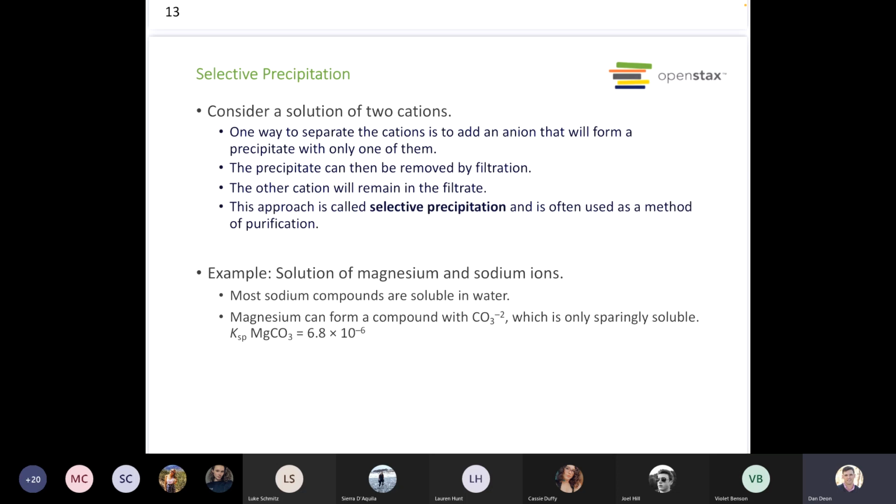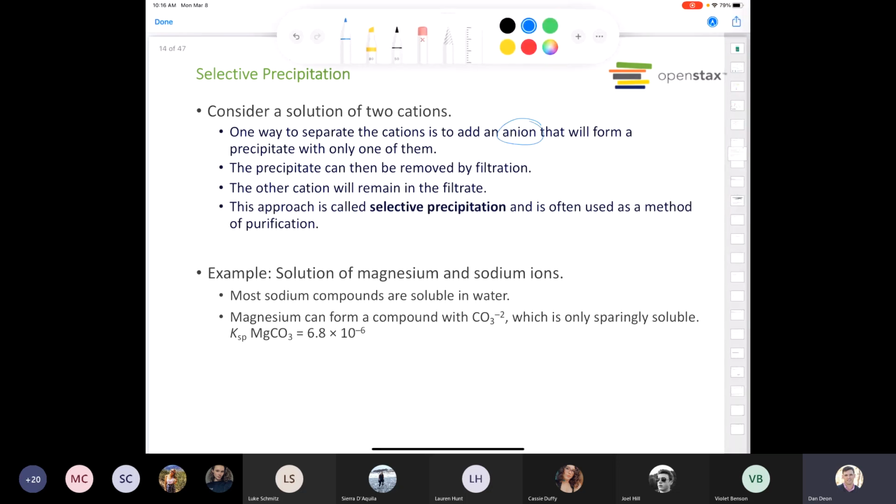To separate them, you would add some kind of anion that's going to form a precipitate with one of them. So you'd have to have some foreknowledge about their KSPs, but whichever one has the lower KSP is going to come out of solution first, right? And then you can just filter it off. And that's a way to separate cations.